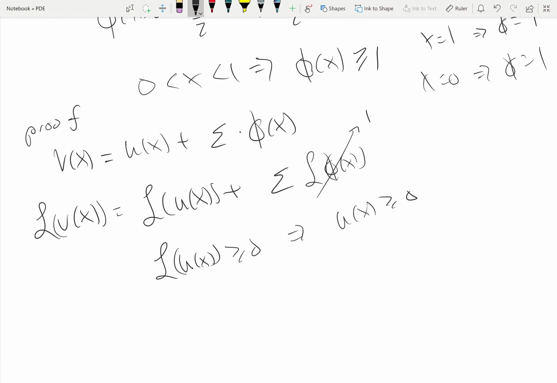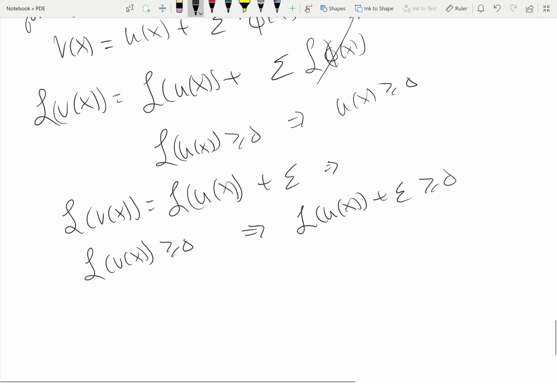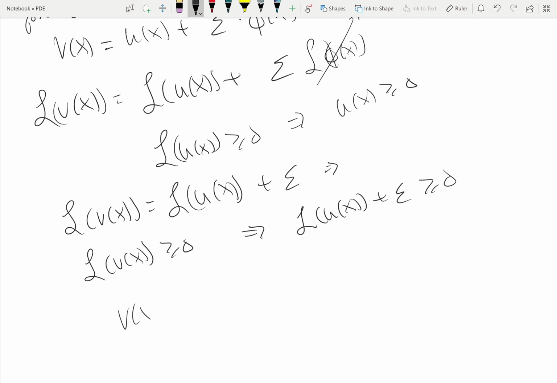And thus, we can use this to say that L of v of x is equal to L of u of x plus epsilon, which implies that L of v of x is bigger than or equal to 0, which implies that L of u of x plus epsilon is bigger than or equal to 0. And we know that v of x is bigger than or equal to epsilon, which is bigger than 0.